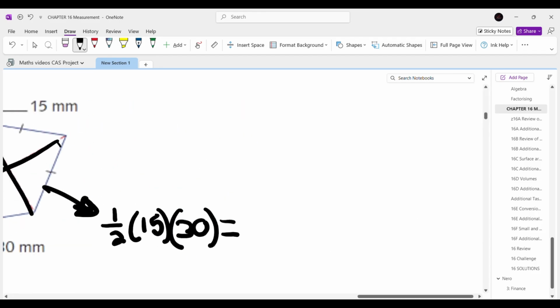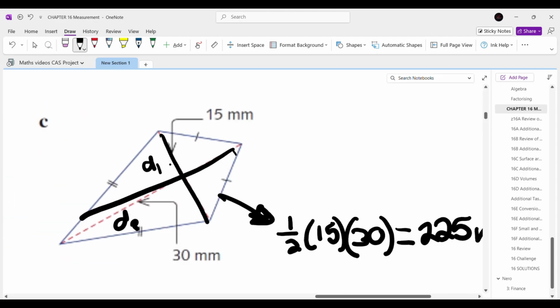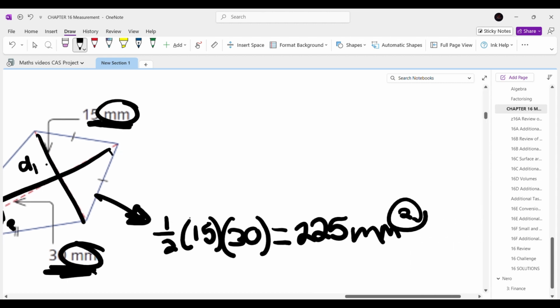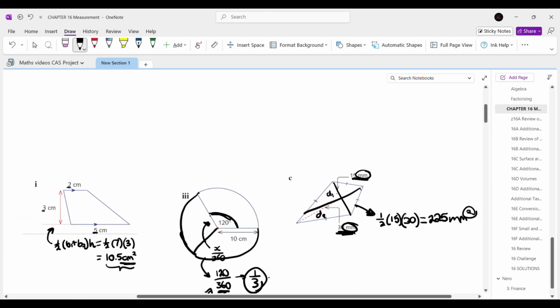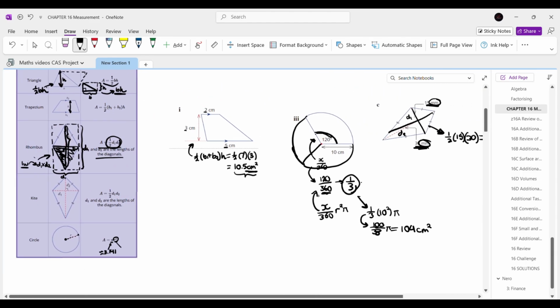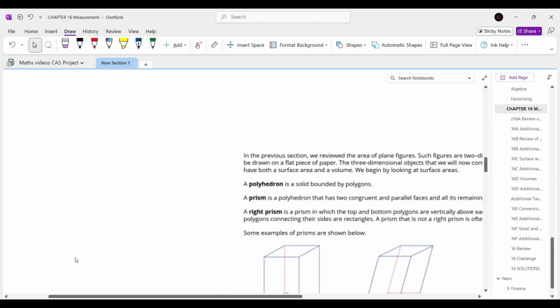That gives us just 15 times 15, which is 225 millimeters squared. Remember, it's in millimeters here, not centimeters. Just make sure you're always checking your units and writing it in units squared. Just making sure you're all working in the same unit to make it nice and easy.